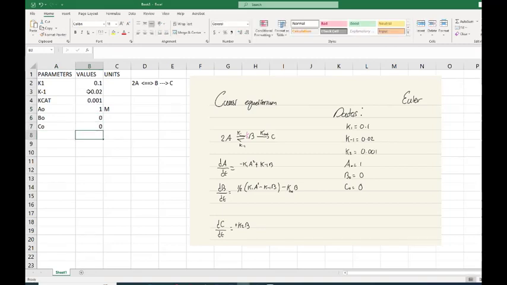Now, before proceeding here, I would like to know, based on these values, what would be a good delta t to integrate this, because the integration of this equation will be numeric.